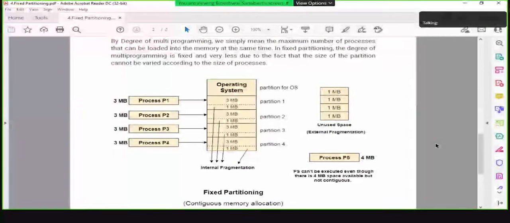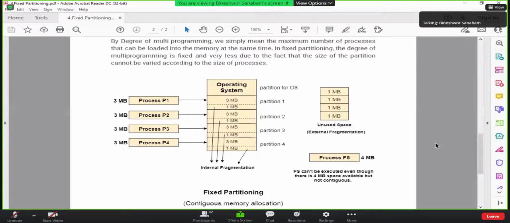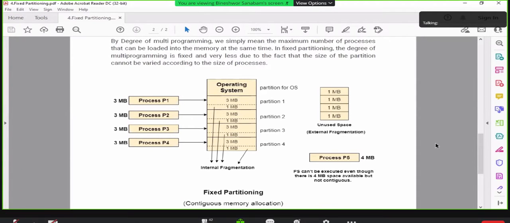So all you have to understand from fixed partitioning is that we divide the whole memory into fixed partitions before the process is loaded, and once this is fixed, we cannot change the size of the partitions.